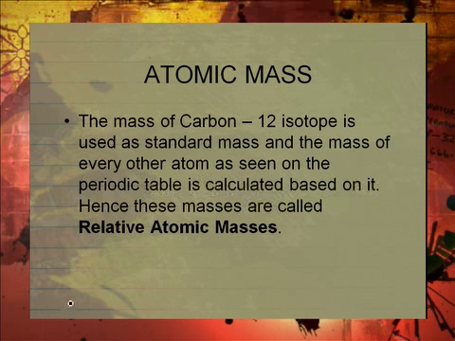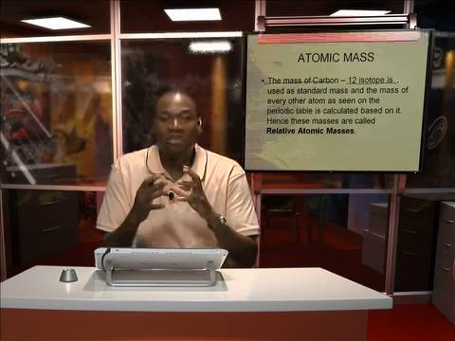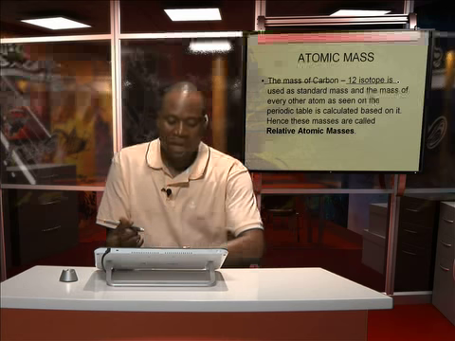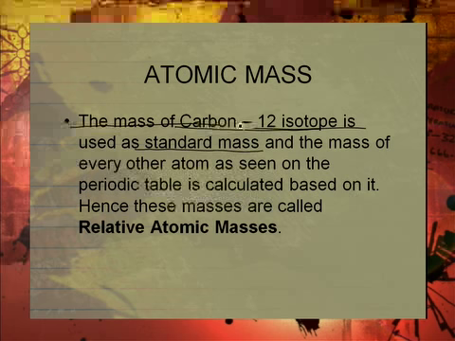Now atomic mass continued. We're looking here at how they find the atomic masses of the elements as you see them in the periodic table. What is used is what we call the carbon-12 isotope. This is used as a standard mass. So they find the mass of this isotope.